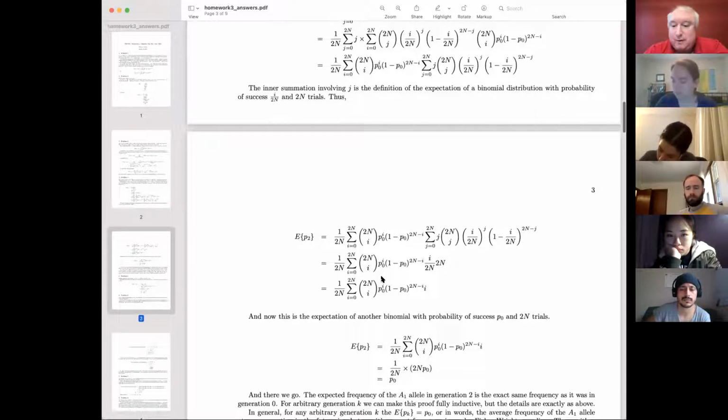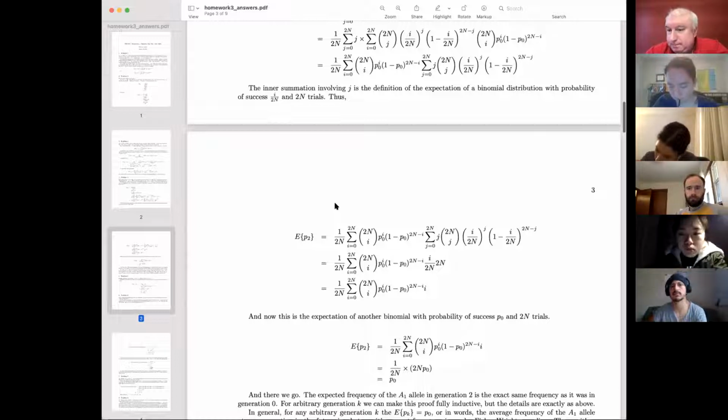Their variance, it does affect. And we will use the fact that the average frequency of an allele doesn't change a bit under genetic drift to even derive some really fun results by the end of this homework. Do we have questions about this so far? Does it all make sense?